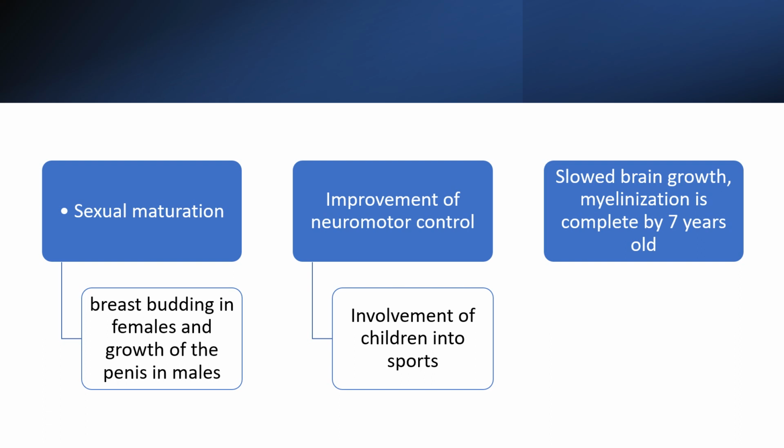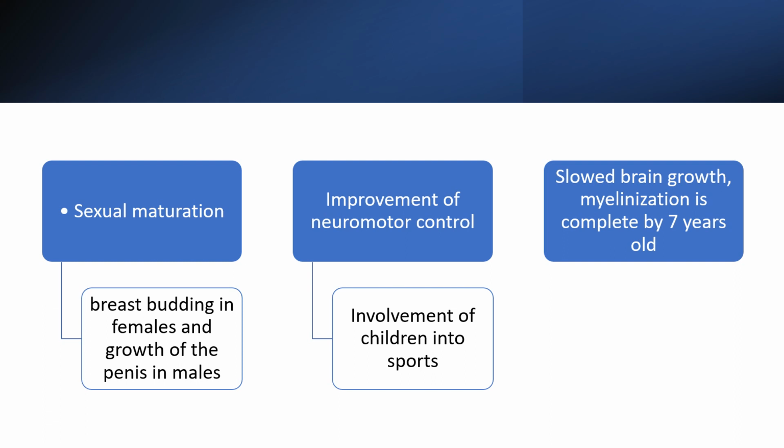For our female bodies, we have the breast budding, and the growth of the penis in males. That's why some girls are now wearing baby bras, and some of the males are now starting to consider circumcision. This is the part where those things actually happen. Well, just the beginning.